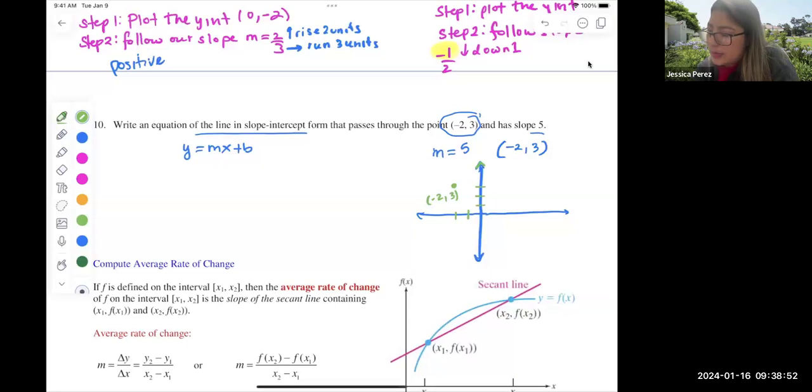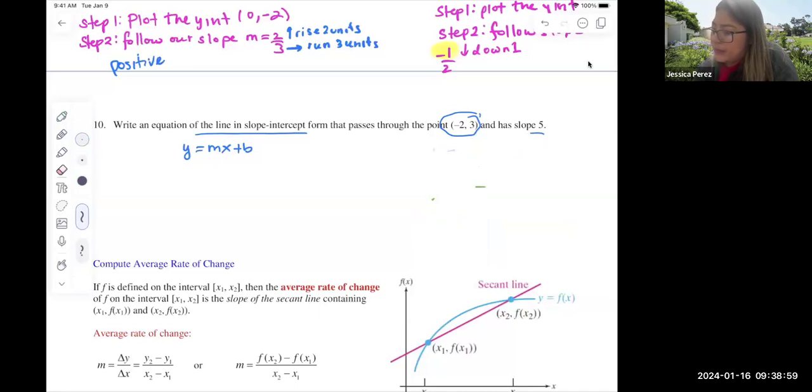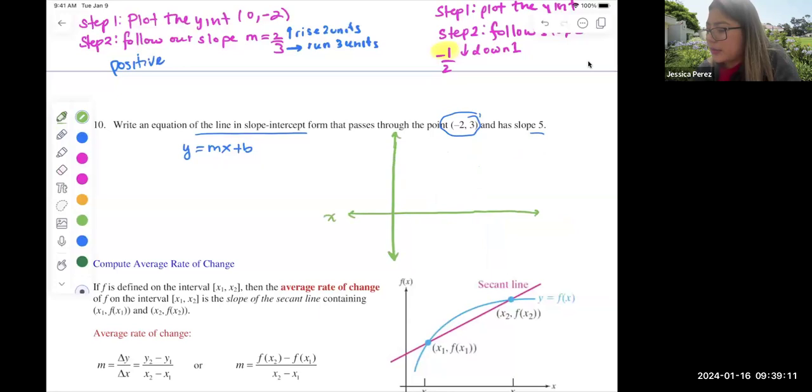So let me do this a little bit bigger. So this is my x and this is my y. I'm going to begin by doing -2, +3.